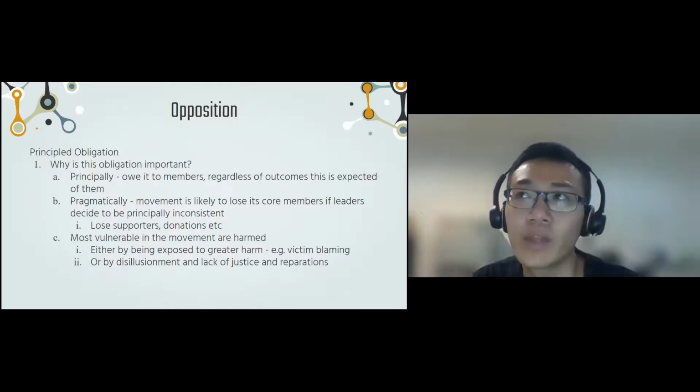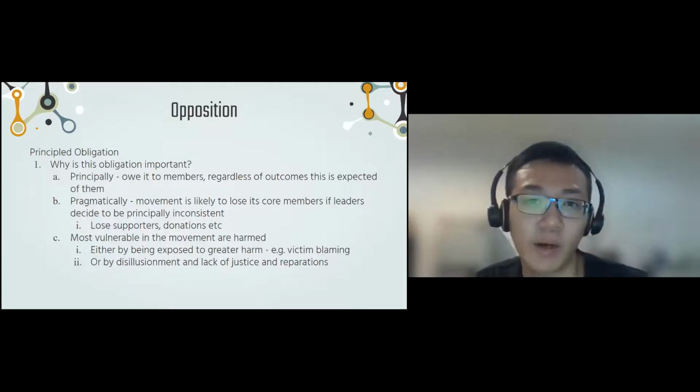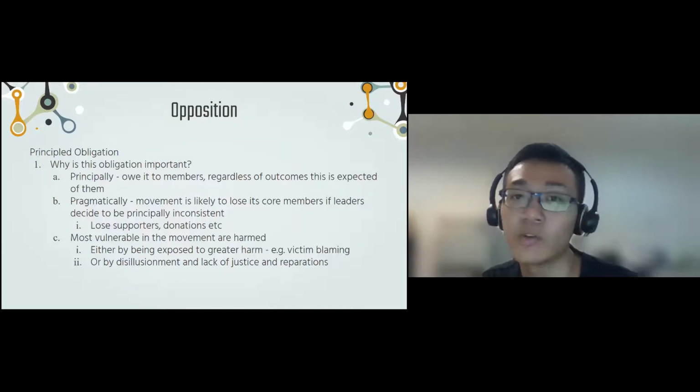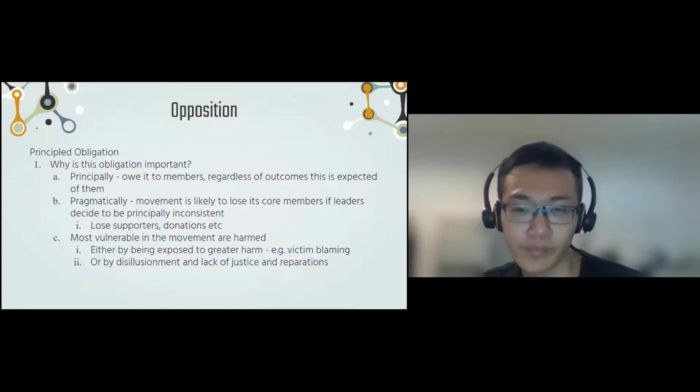And therefore, it's not just true that you have been harmed and you have been failed by the progressive movement. It is also true that you are likely to be exposed to worse harms in the future, especially if your identity is known, if you are a public whistleblower, for example, you could face worse forms of retaliation, especially if the movement does not take steps to protect you.